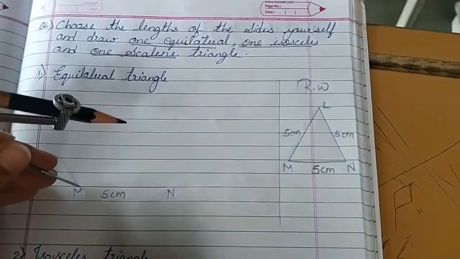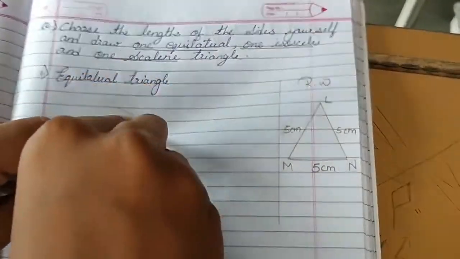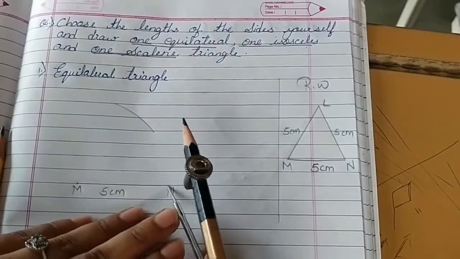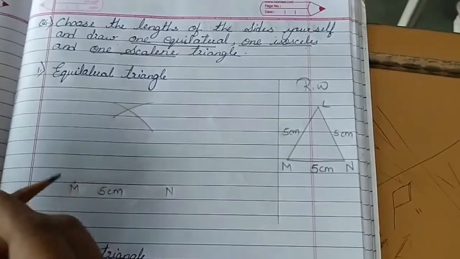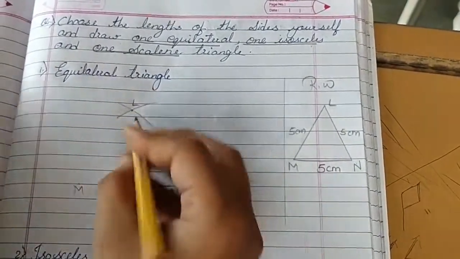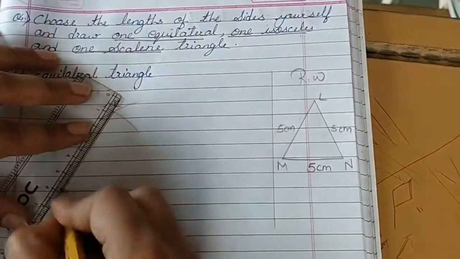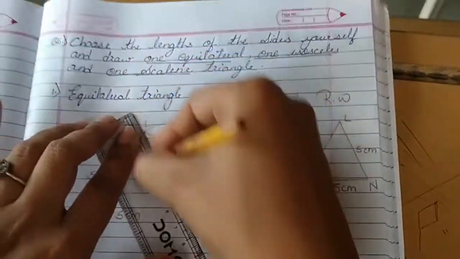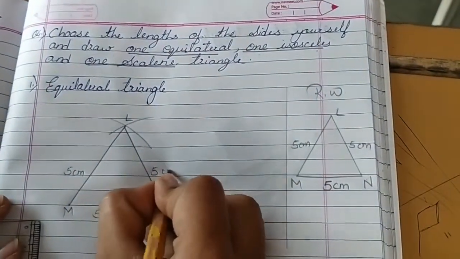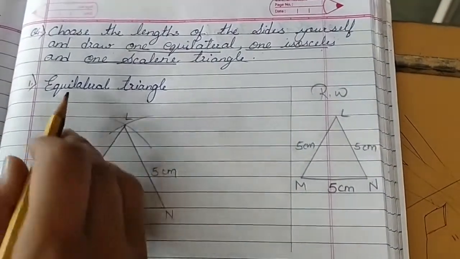Now I will keep my compass point on M and make an arc. Same thing I will do with N. I will keep my compass point here and make another arc. So we got point L. Now I will join LM, that is 5 centimeters, and LN, that is also 5 centimeters. So this looks like an equilateral triangle.